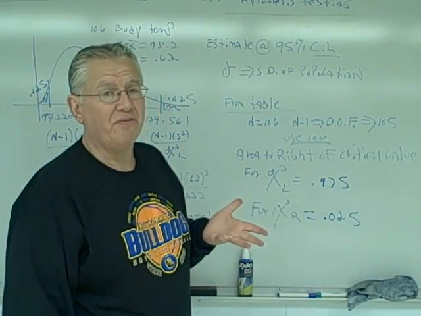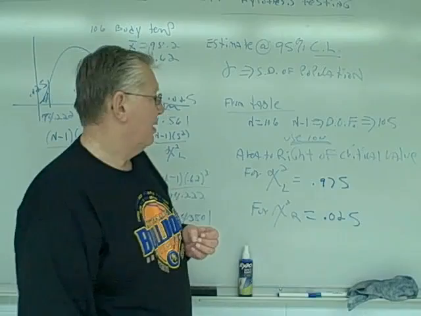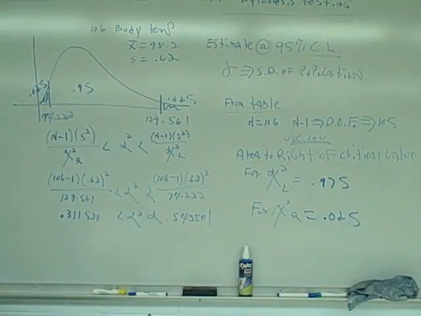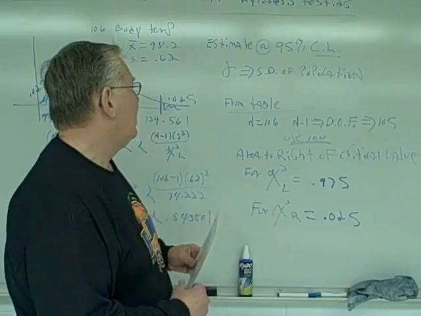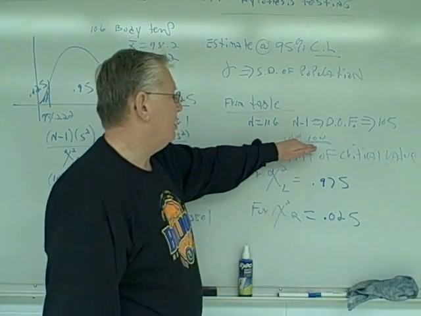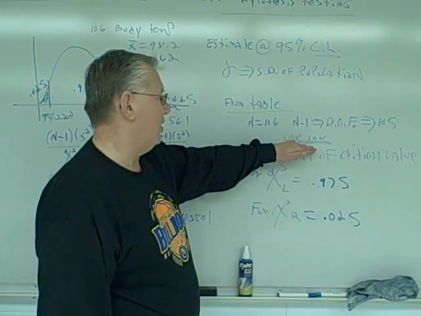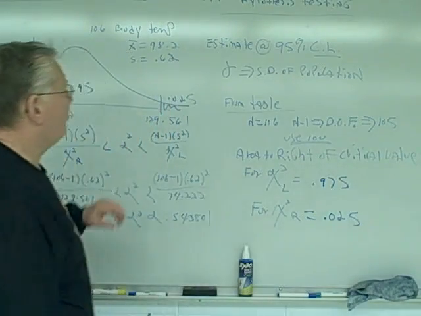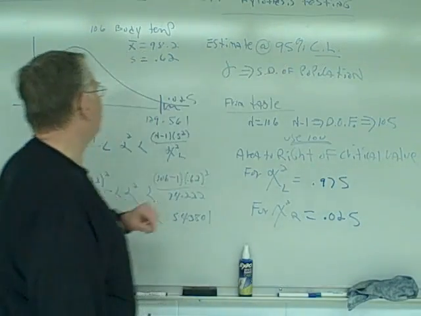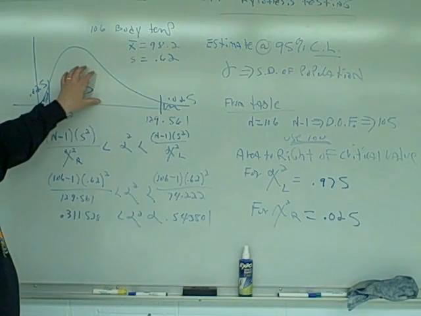You don't have 105 in your table. The table's in the back of the book or on this handy-dandy little chart that is in the book. We use the closest one to that, which would be 100. And we look to the area to the right of the critical value. If we're at a 95% confidence level, we want 95% in the middle here.